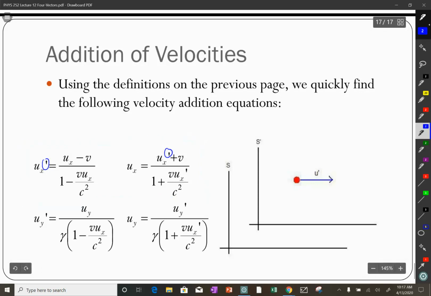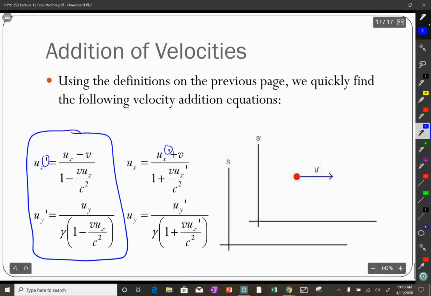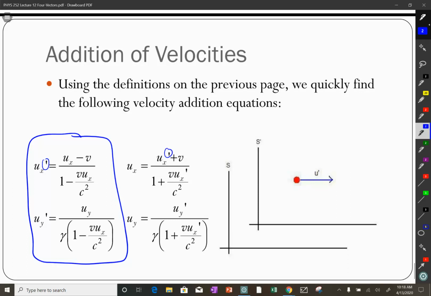Actually, these here are the ones we just found, and this is converting to the reverse. So you just change the sign of the speed in each equation to reverse x versus x prime or y versus y prime. So that's how we do relativistic addition of velocities.